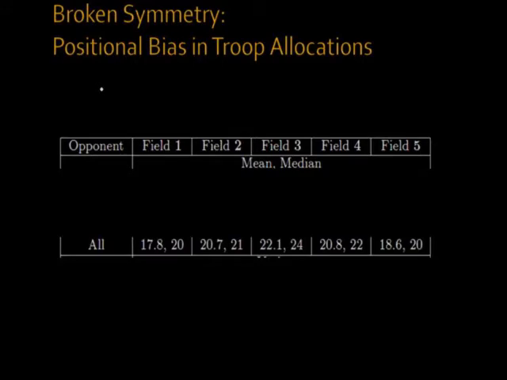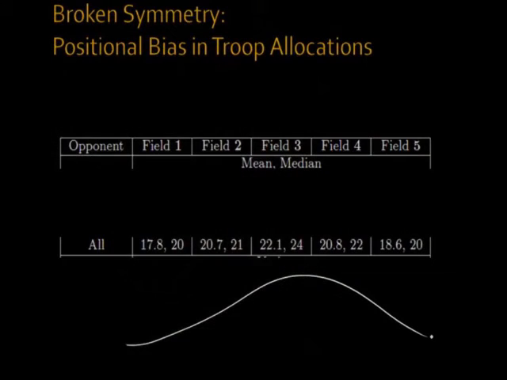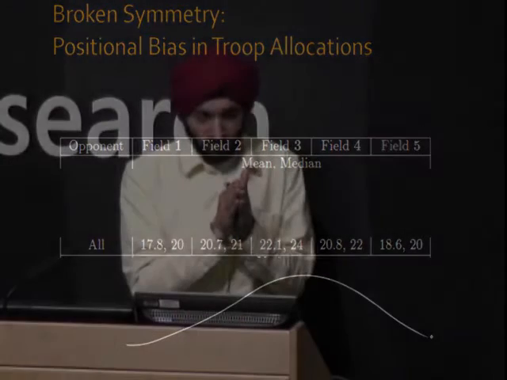So the first thing that you can analyze, and this is conventional in the literature, is to just look at the mean value of the different distributions in different fields, and you would expect that this is uniform, right? But this is not. These differences are really significant. You see that there is a distribution where the central battlefields get more troops.